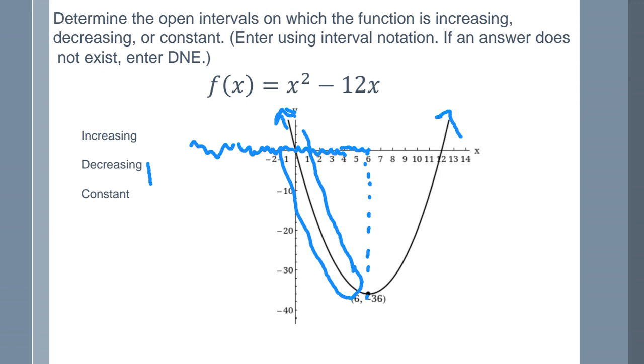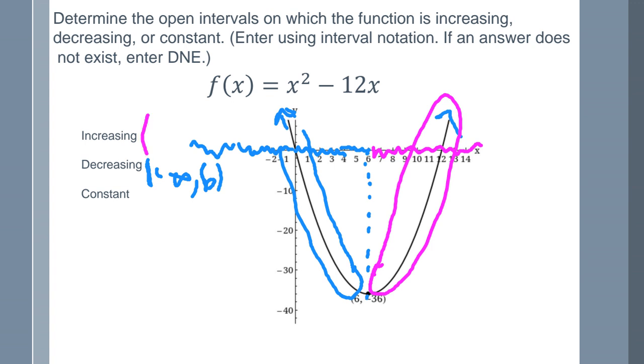At 6, it starts to increase. So I'm going to put 6 here. And then from 6 all the way over here, the graph is increasing. So from 6 to infinity, the graph is increasing, and there's no constant part.